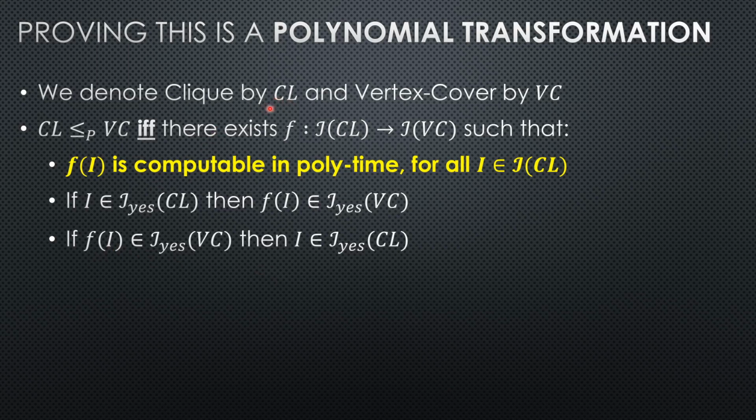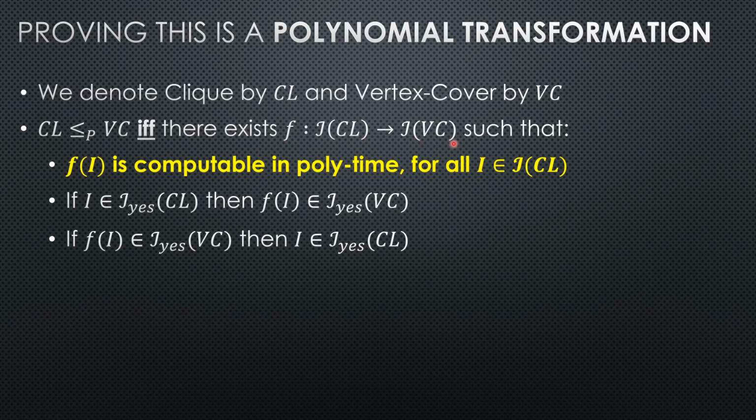So I'm going to use, just for shortcuts, CL for clique and VC for vertex cover. So there is a polynomial transformation from clique to vertex cover if and only if there exists a transformation function f which takes an input to clique and transforms it into an input to vertex cover.